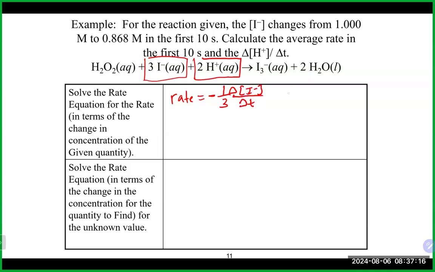We could also write a rate expression for H plus: the rate is equal to, once again, H plus is also a reactant, so negative 1 over 2, which is the coefficient, the change in the concentration of H plus over the change in time. So these are our two rate expressions that we want to use in this particular reaction.